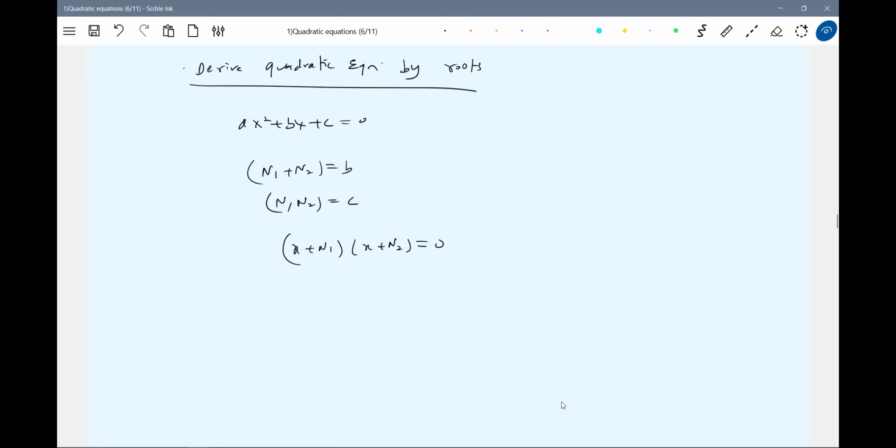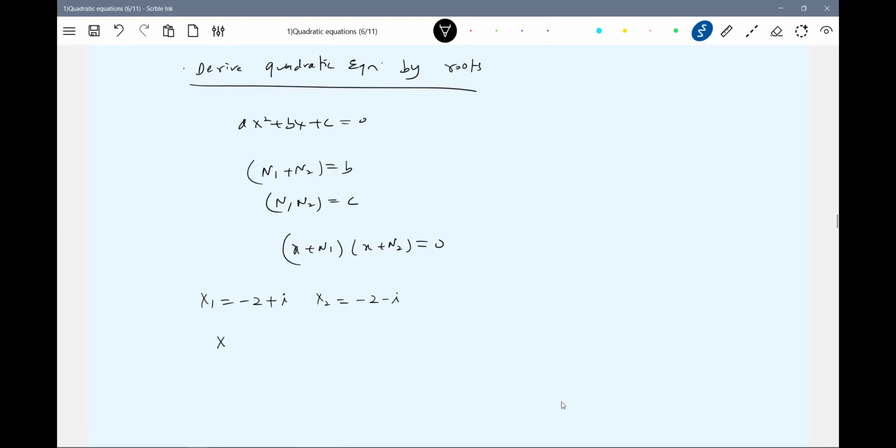So let's take one example. If I had two roots, like x1 equal to minus 2 plus i, x2 is equal to minus 2 minus i. How to get the quadratic equation?